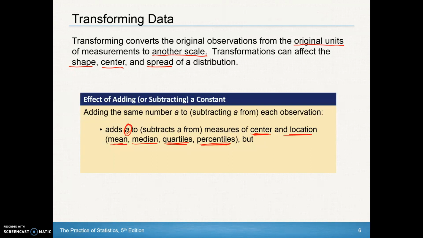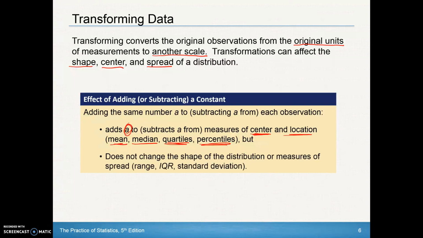If I'm going to say, okay, on the last test, I'm going to add 5 points to the mean, what happens? Well, what it does is it will add that same value to each of these things.